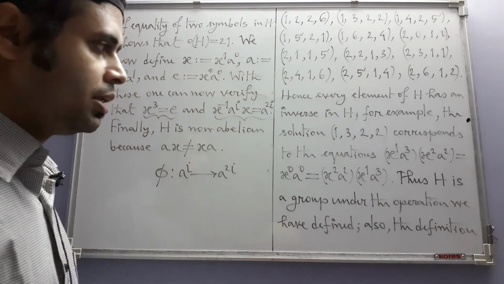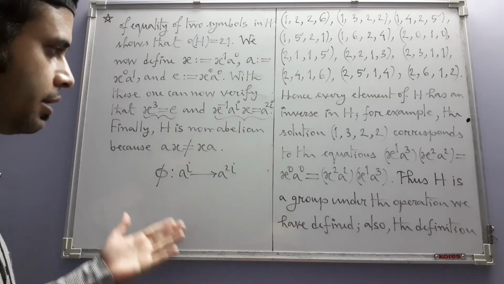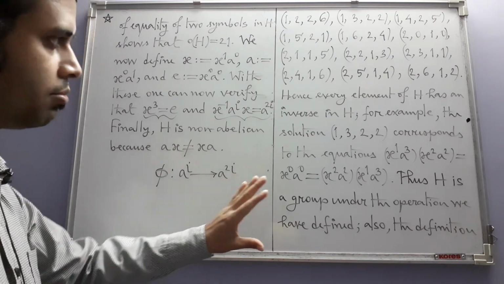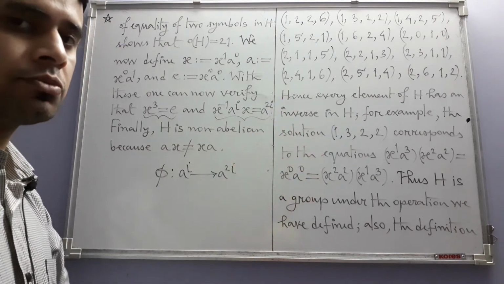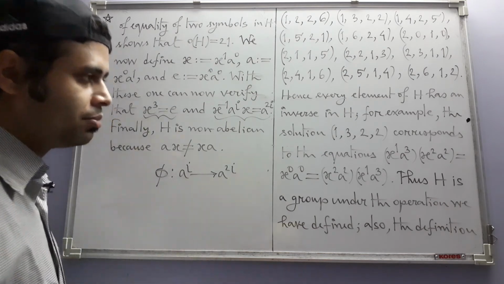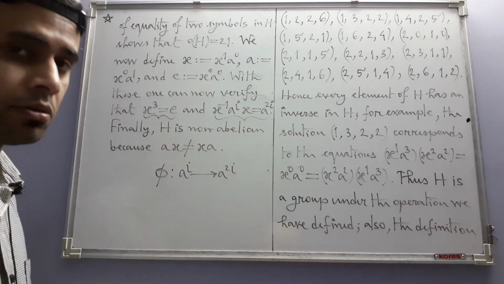Now the big question: how did I find these things? The answer is I was not able to manage all of this for months. I kept racking my brain for that binary operation.